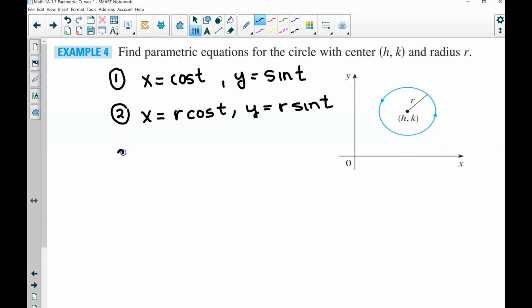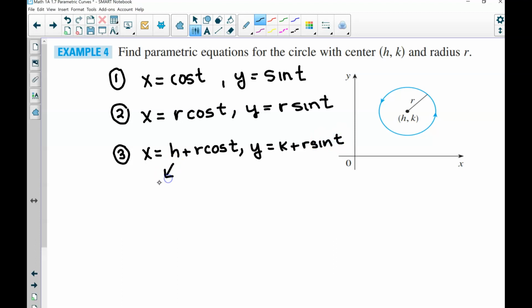So if you want to write this in terms of variables, the x coordinate would have to shift left or right with an h. So the h is going to be added to the x parametric equation. And then the y parametric equation would be manipulated by the y coordinate, which is k, and so k plus r times the sine of t would then represent the parametric equation for y.